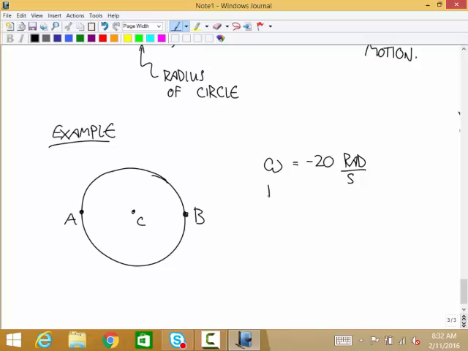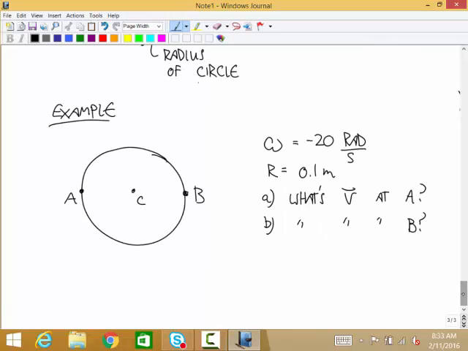And the radius of this circle is 0.1 meters. Then first, what's the velocity vector at A? And second, what's the velocity vector at B?